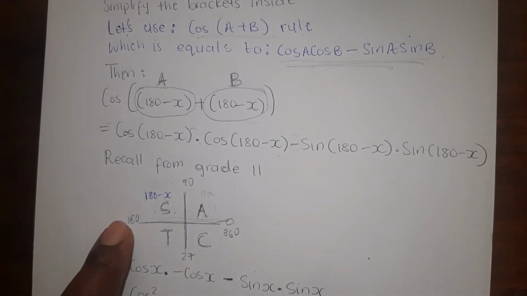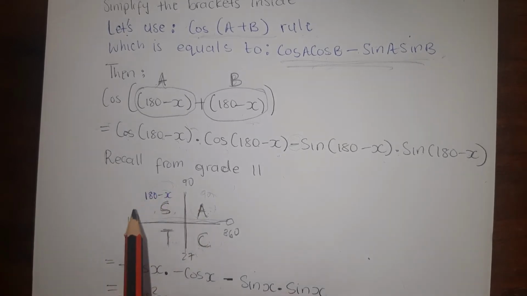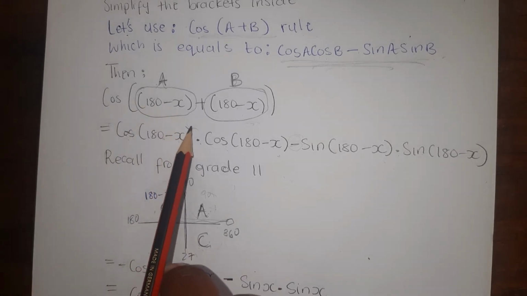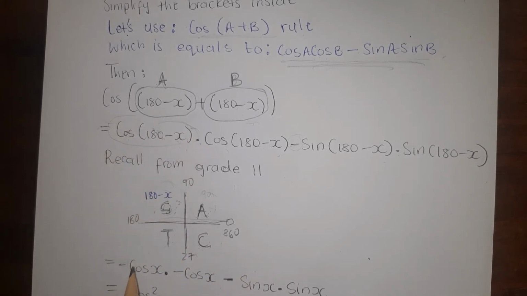So 180 minus x is in this quadrant, meaning that only sine is positive in this quadrant. So when we solve these, we'll get negative cos x. Our cos will be negative in this quadrant.